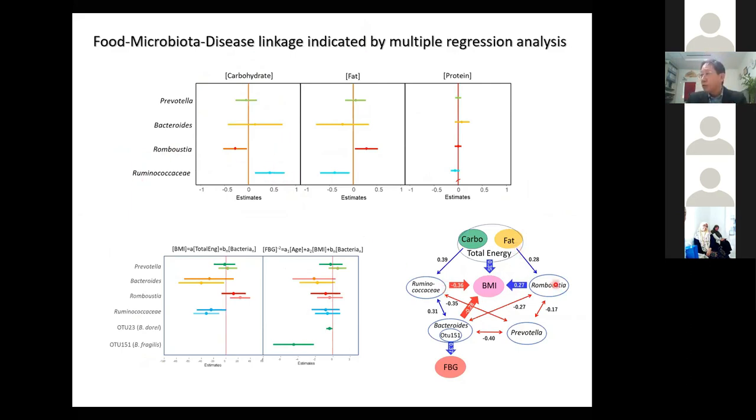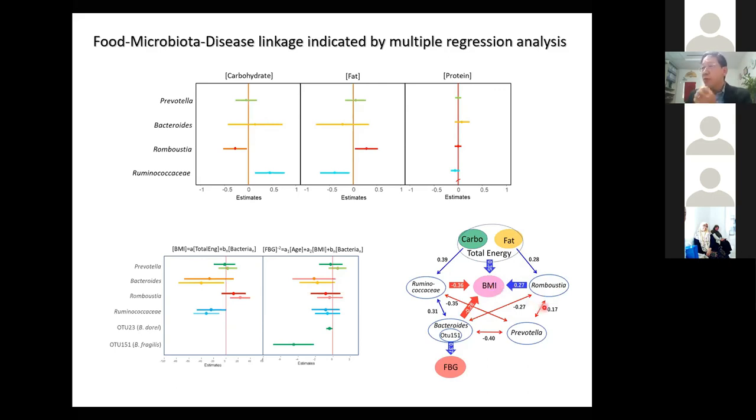So fat drives the growth of Lachnospira, and it's not a beneficial bacteria, so it promotes obesity. Okay. But it is quite strange because they didn't suffer from diabetes.